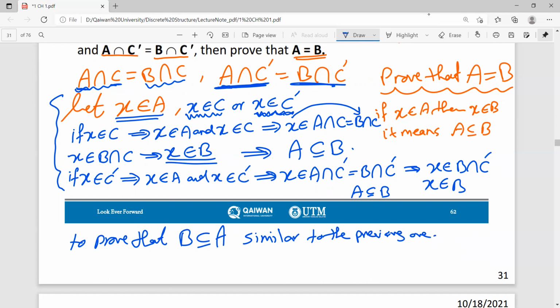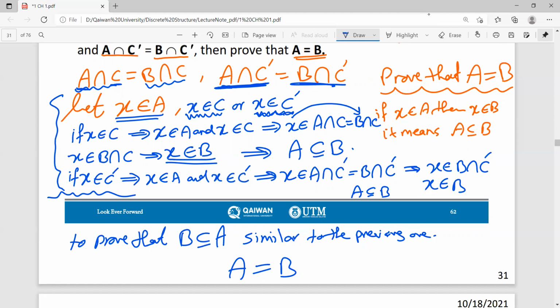So we get that in this case, B is a subset of A. And before we proved that A is a subset of B. That means A equals B. Up to here, we proved that A is a subset of B. Similarly, we can prove that B is a subset of A also.